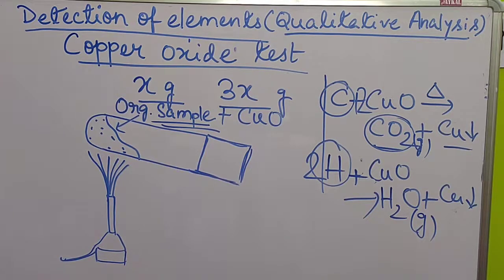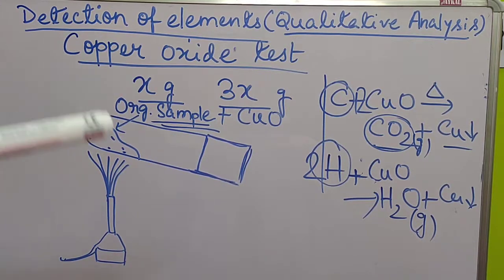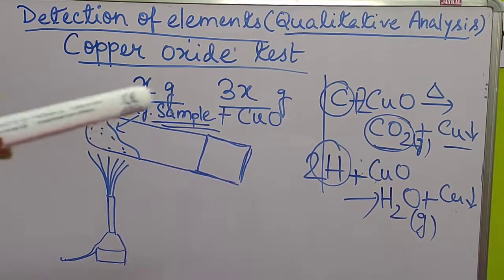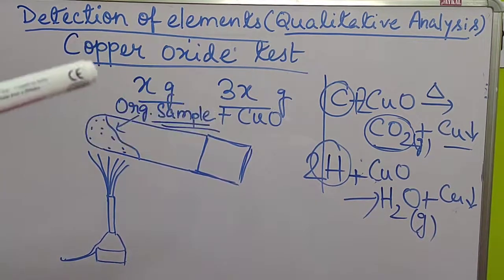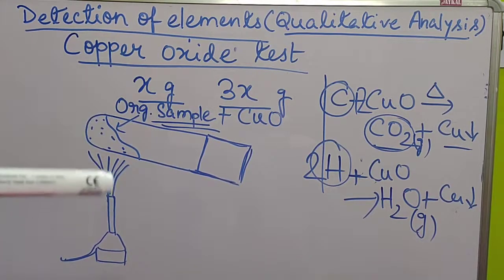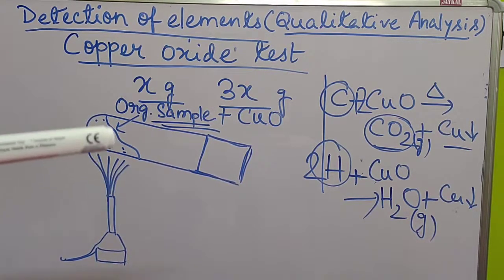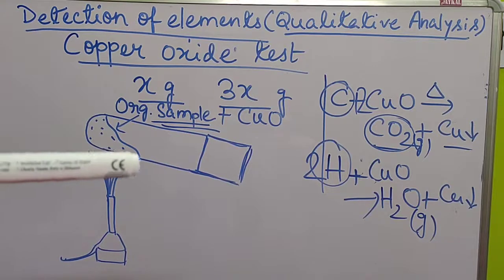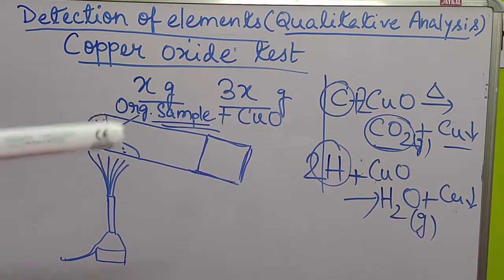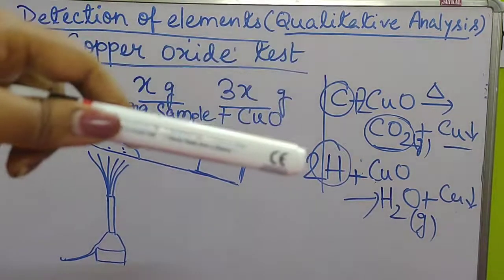Initially we have taken the mixture of x gram of organic sample and 3x gram of copper oxide in a test tube, and it is heated with the Bunsen burner. The organic sample contains carbon as well as hydrogen.